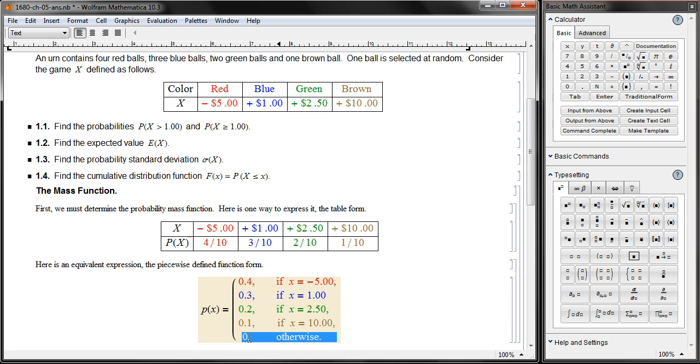And for x values -5, 1, 2.5, and 10, you just find out probabilities the same way. 4 out of 10, 3 out of 10, 2 out of 10, and so on. And here I use decimal form, but it's okay to use fraction form. And the same goes over here. You can use decimal form here if you want to.